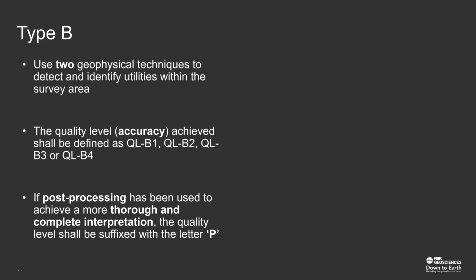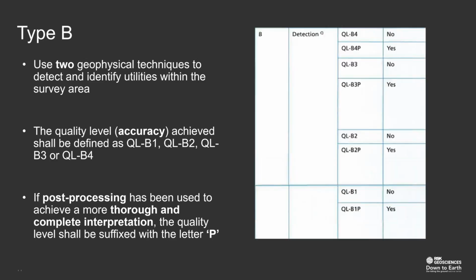And then these quality levels range from B1 to B4 as per this table here. Also, if post-processing of GPR data has taken place to achieve a more thorough and complete interpretation, each of these quality levels is suffixed with the letter P as per the table as well.